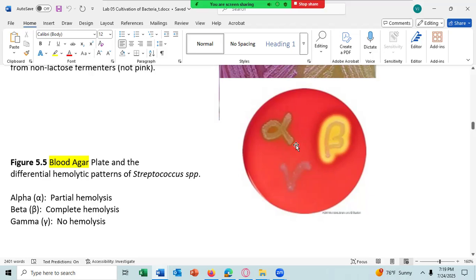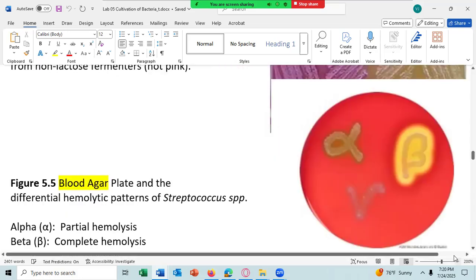You also have alpha hemolysis, which shows a darkening or a greenish tint of the blood. Alpha hemolysis is where you have partial lysis of the red blood cells, but not complete lysis. Let me blow this up. As you can see, there's red from the red blood cells here.